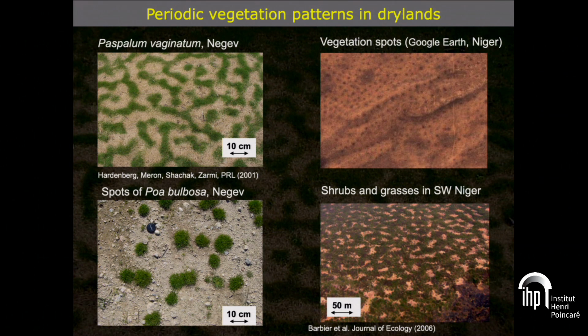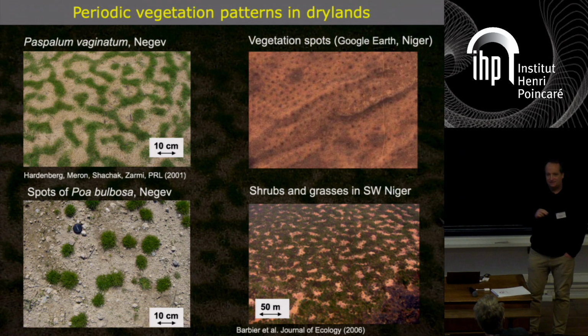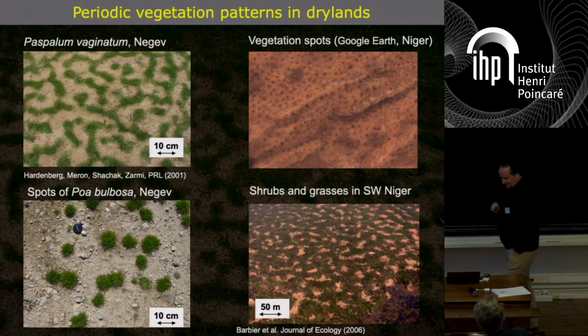Vegetation patterns can be found in several dry areas all over the world. You could take Google Maps and zoom on certain areas in Niger, for example, and with the resolution we have today, you will even be able to recognize some of these patterns.